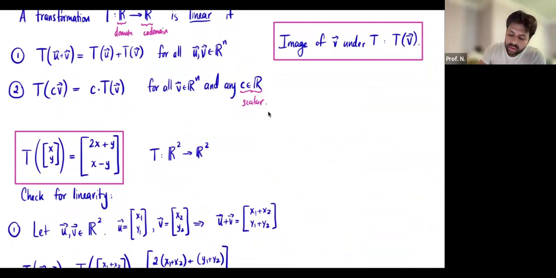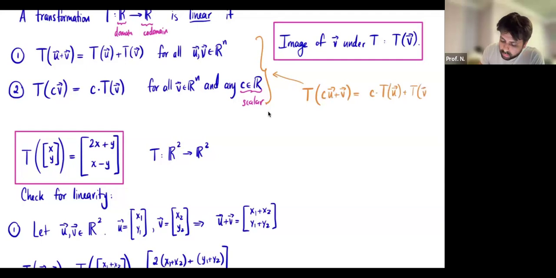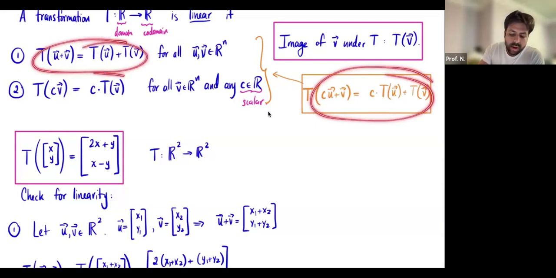But I also mentioned in one of the lectures that you can actually sum up these two properties in one, and it's this property: T of cU plus V is equal to c times T of U plus T of V. If you study this, this summarizes these two properties into one.